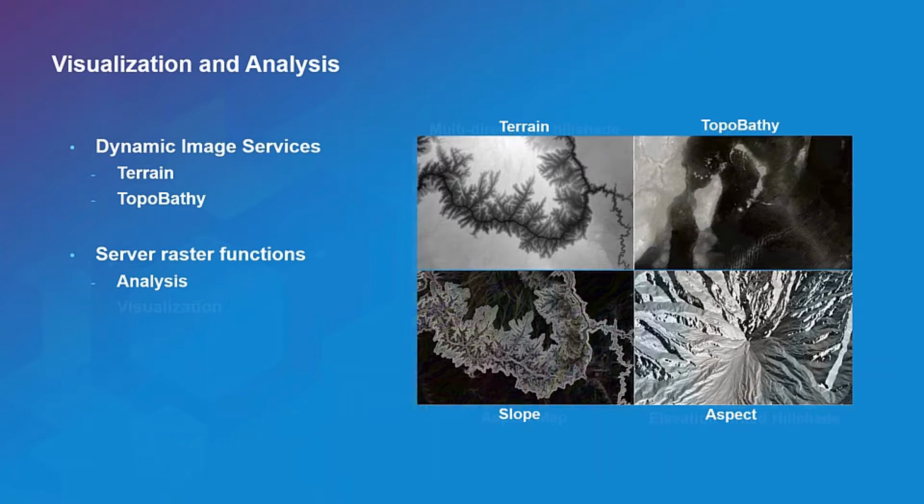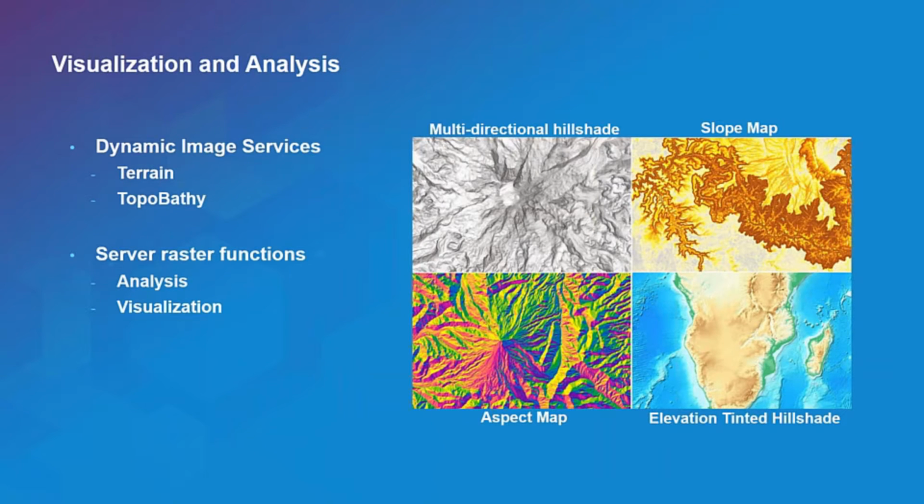These services also have server functions specifically to generate visualizations such as multi-directional hillshade, slope map, aspect map, and elevation tinted hillshade. All these derivatives are generated on the fly and are not pre-generated. These services provide a single endpoint for desktop and web applications to access elevation values and derived products.